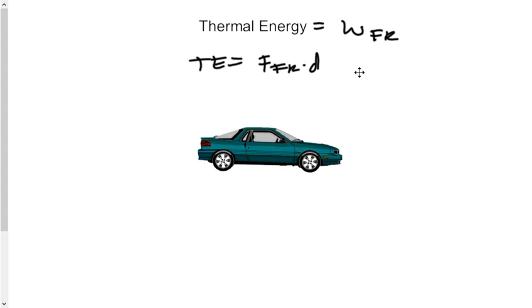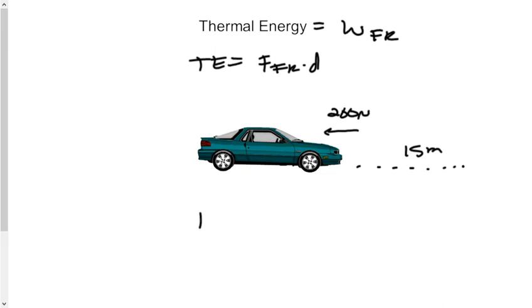So what if I'm driving a car and I've got a constant force going against it of 200 newtons, and then I'm going to drive the car a distance of 15 meters. How much energy has been lost due to thermal energy of friction? Well, the force of friction is 200. What distance did that go through?